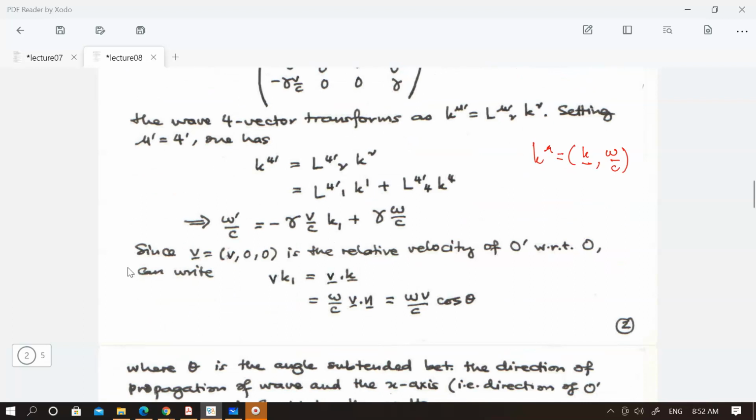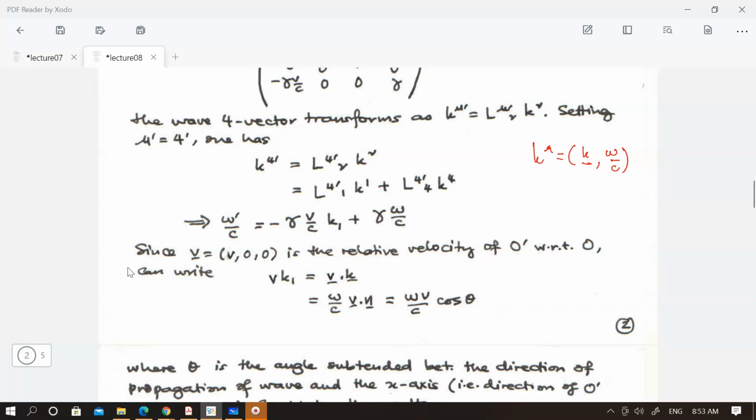Now suppose the boost transformation is saying that our dash frame is moving in the direction of x with some velocity v. In terms of components, v is given this way, so you get v, 0, 0, for example.